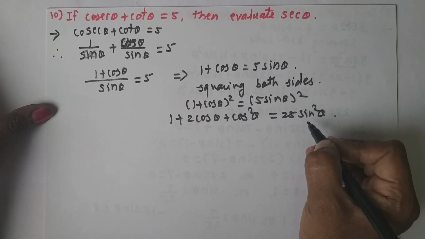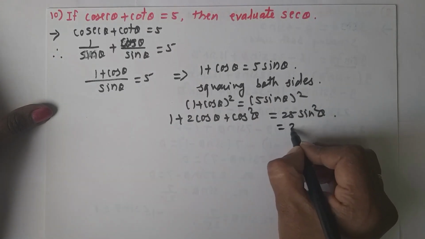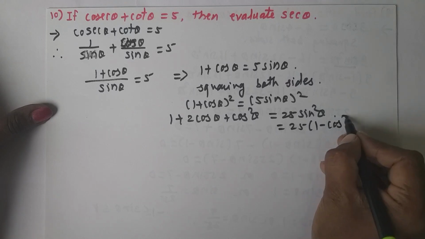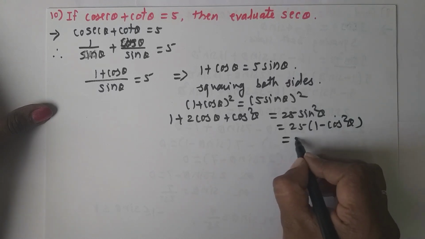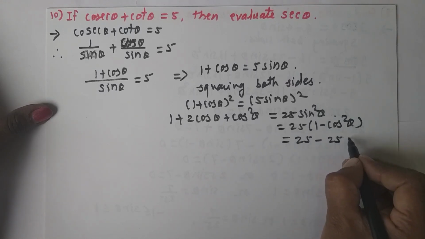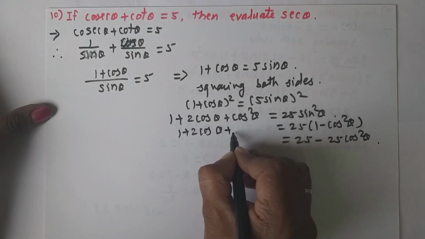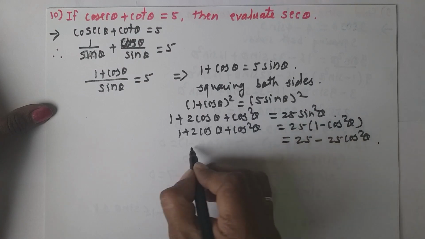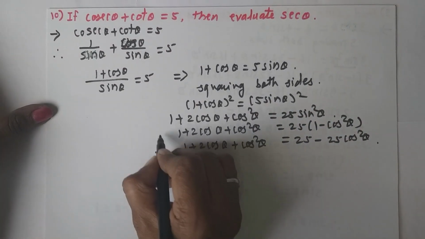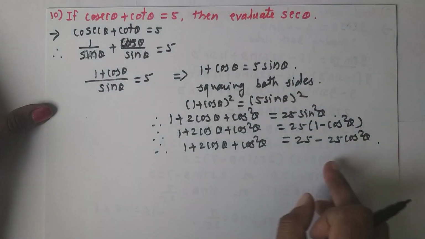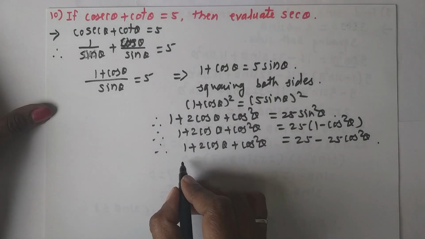Now you put the value of sin square theta, that is 1 minus cos square theta, and if you open the bracket, this will be 25 minus 25 cos square theta. And here 1 plus 2 cos theta plus cos square theta you write down as it is. Okay. Now here you transfer all to the left hand side.